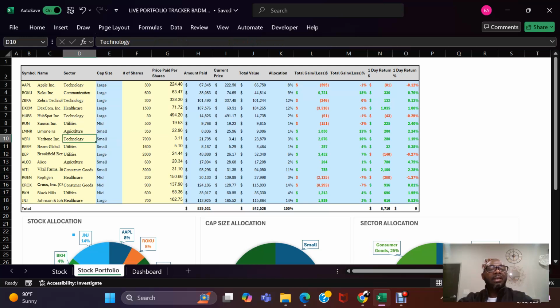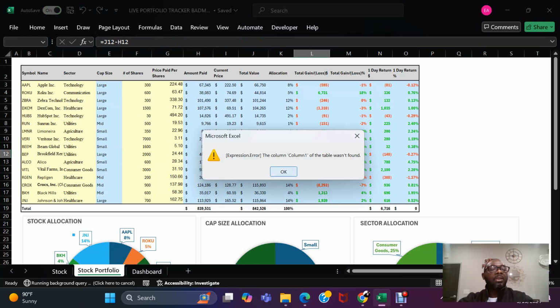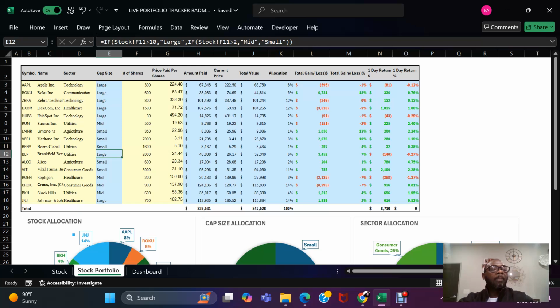Veritone is technology, and is making quite a number of appreciations here. So we need to look at buying more shares in that company, and also BIP.